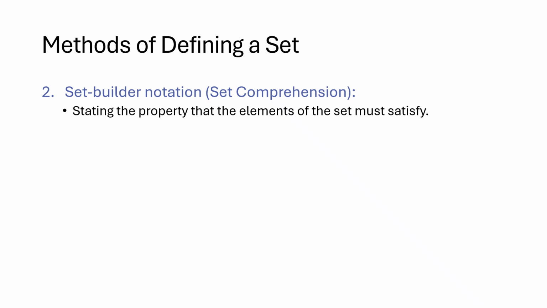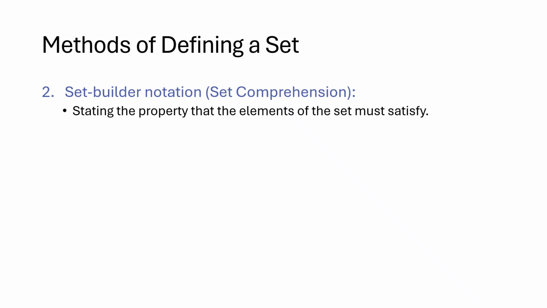Now, I told you we are going to see two different methods for representing or defining a set. The second one is called set comprehension or the set builder notation. If your set has a finite number of elements, it's easy to use the listing method, where you write all the elements and separate them by commas.